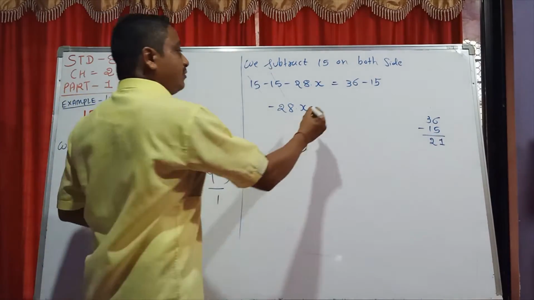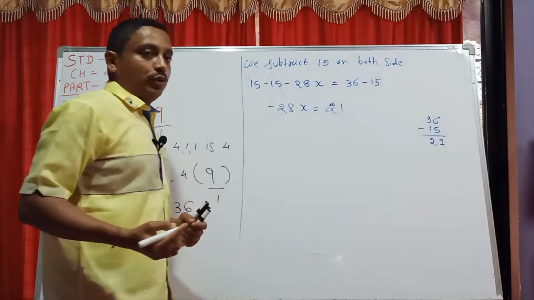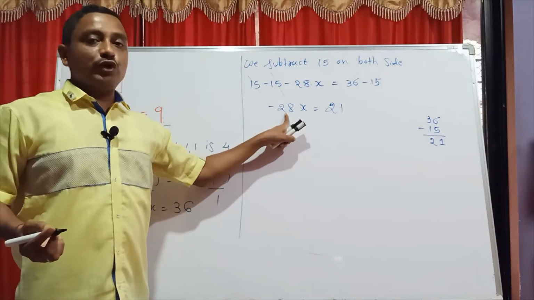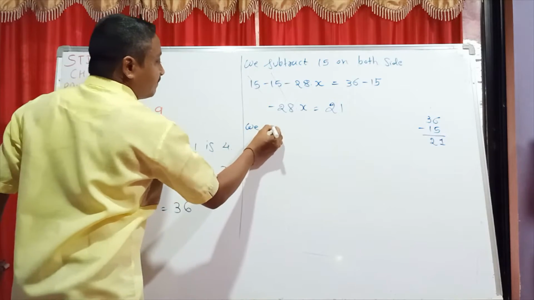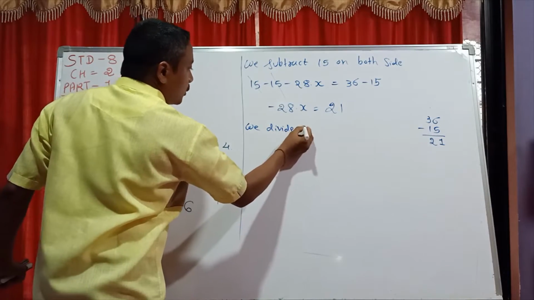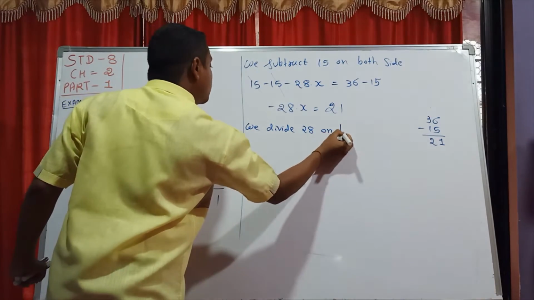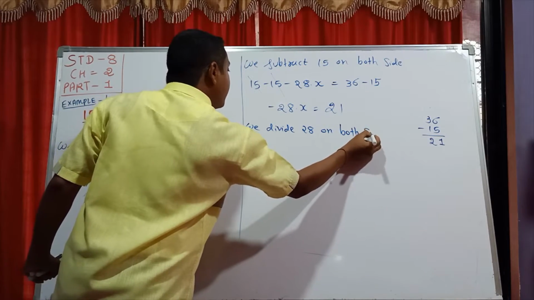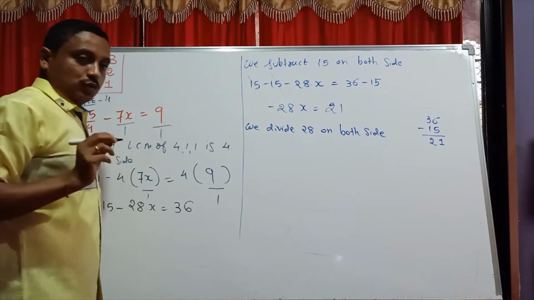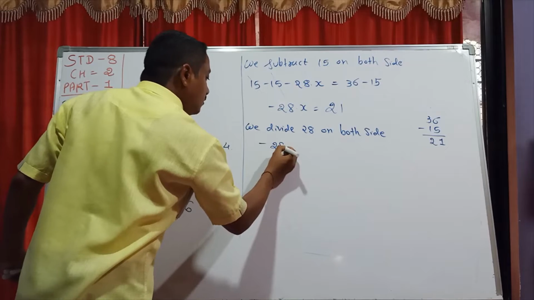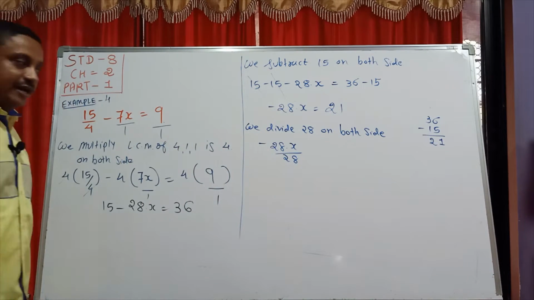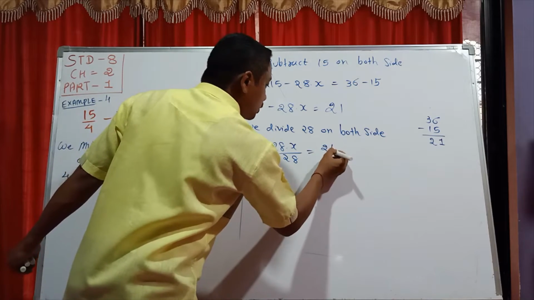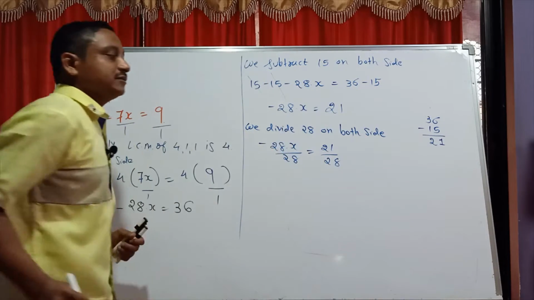It means 21. Now what to do for removing the 28? Yes, we divide by 28 on both sides. So students, the left hand side is divided by 28, and the same here also, divided by 28.